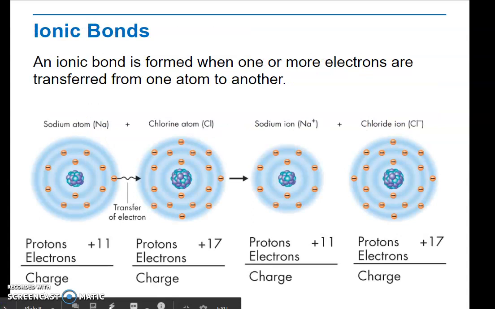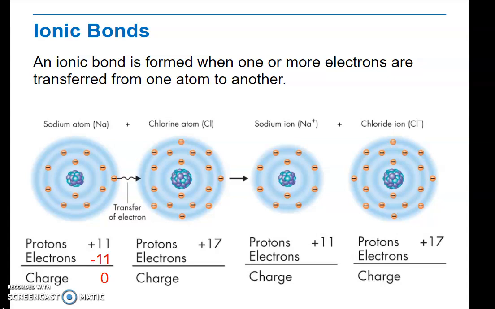Okay, let's look at this slide about ionic bonds. Remember subatomic particles, protons, electrons, neutrons. Now let's look at sodium. How many electrons does sodium have? Of course, it has 11. So what is its overall charge? 0.